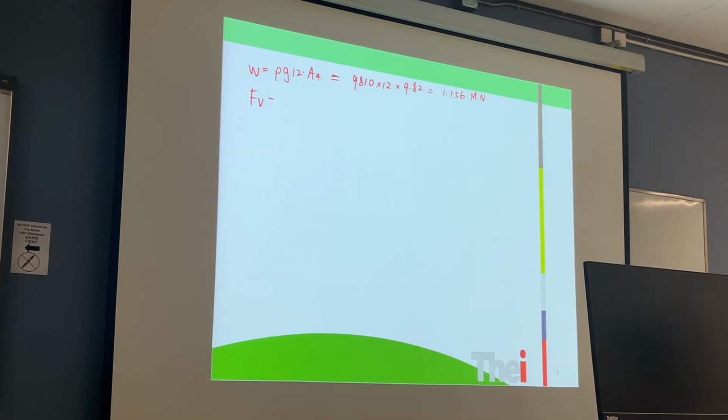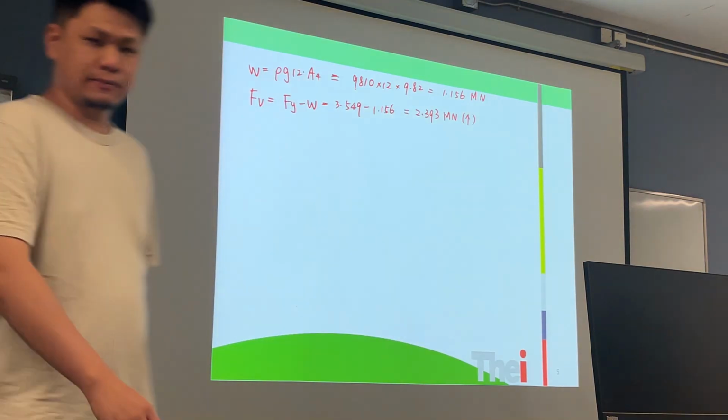The vertical force is finally Fy subtract W, which is 3.4549 subtract 1.156, resulting in 2.3923 meganewton. That force is pointing upward.